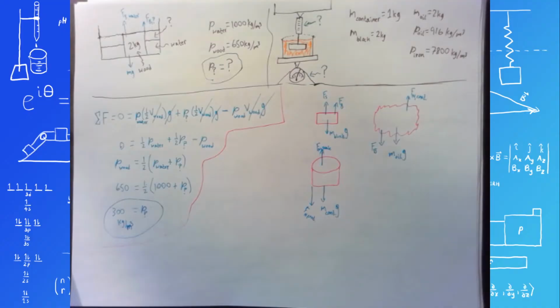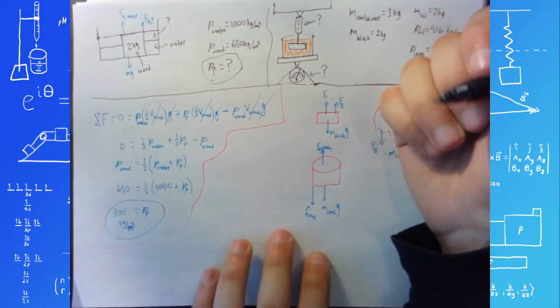Yep, I think I've got all of it. So now that we have all this, we know that the net force on each and every one of these objects is 0.